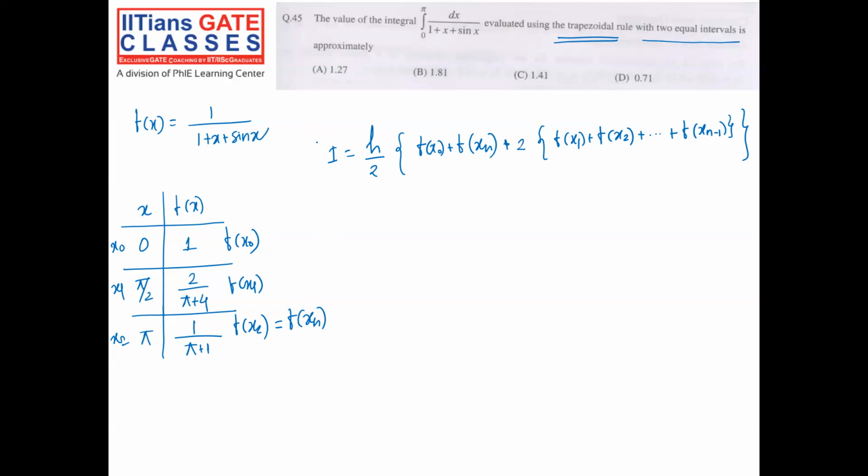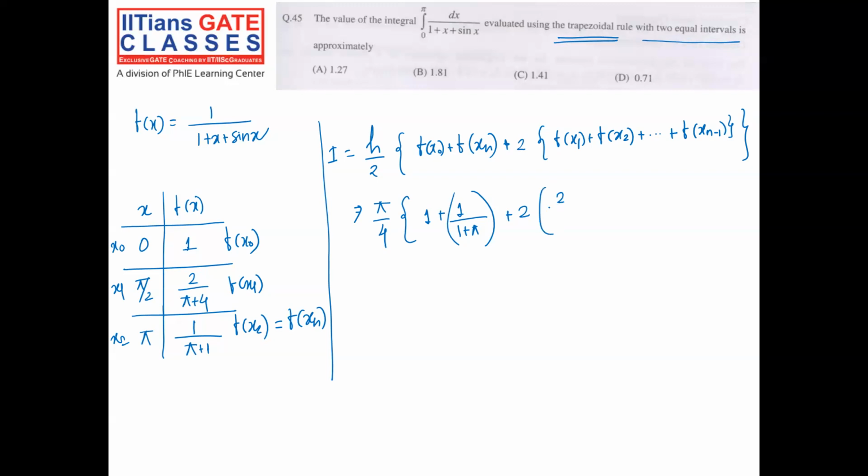So using this, let's try to put these values into this formula. h is nothing but the step size, which is pi by 2 in this case. So pi by 2 divided by 2 is pi by 4. f of x0 is 1. f of xn is 1 divided by 1 plus pi, and 2 times only the first term will come here, that is f of x1.